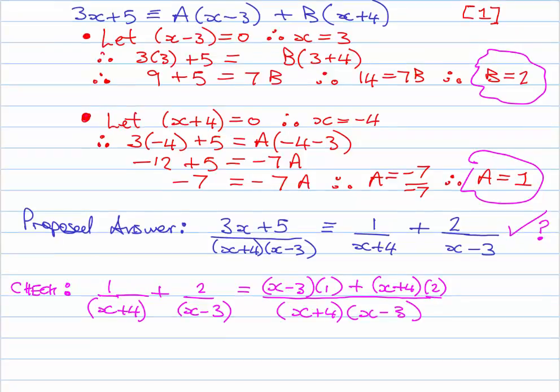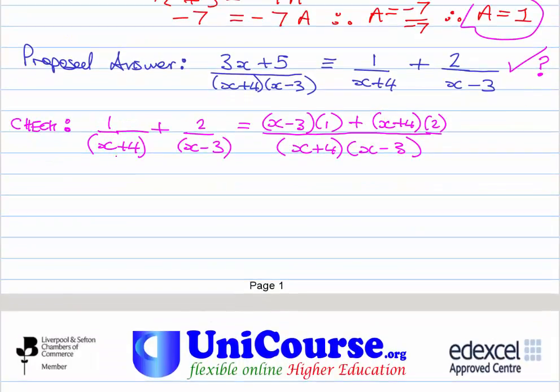Okay, and if we then evaluate all of that, we've got, we just change colour for you, so that x times the 1, that gives you x, and that minus 3 times the 1 gives you minus 3, and then we have that x times 2, so that gives you plus 2x.